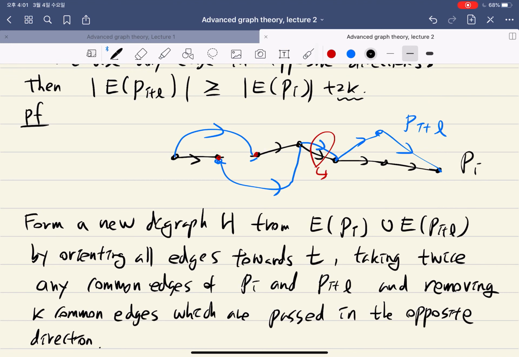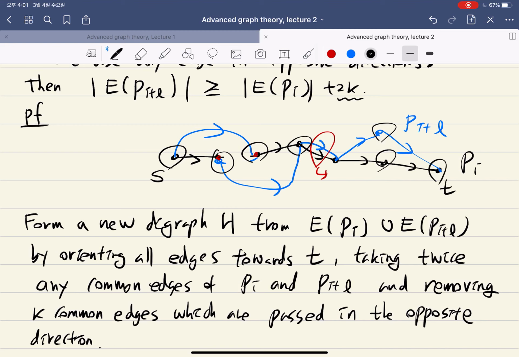In this graph, for every vertex, there is one incoming edge, one outgoing edge, or two incoming edges, two outgoing edges. So for every vertex, its in-degree and out-degree are the same. On S, its out-degree is bigger than in-degree by 2.